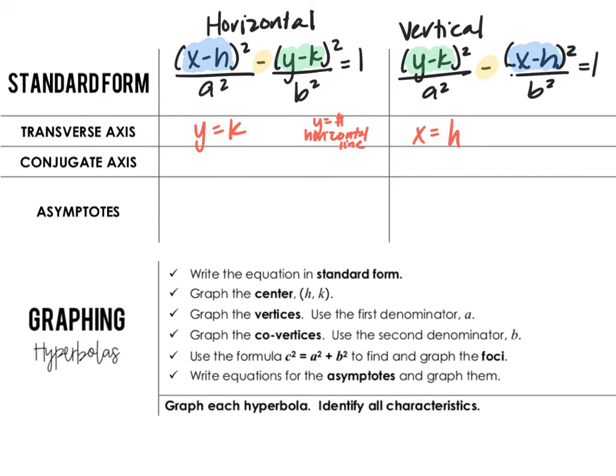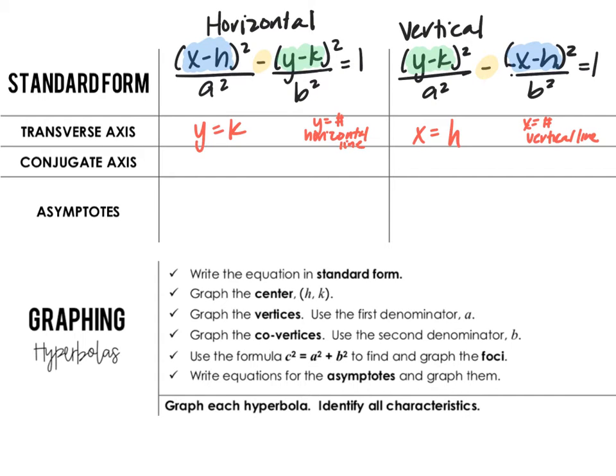And you know that for a horizontal hyperbola, the transverse axis also has to be horizontal. And same thing for the vertical. Anytime you have x equals something, that gives you a vertical line.